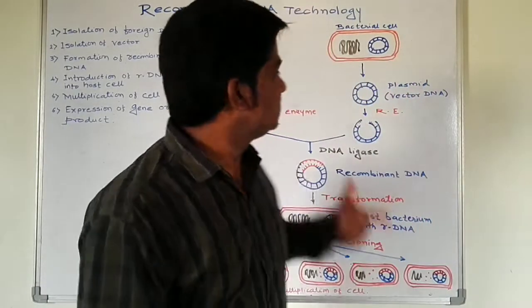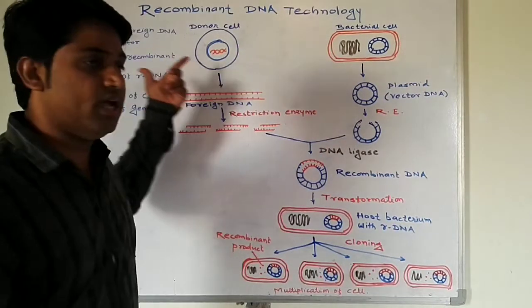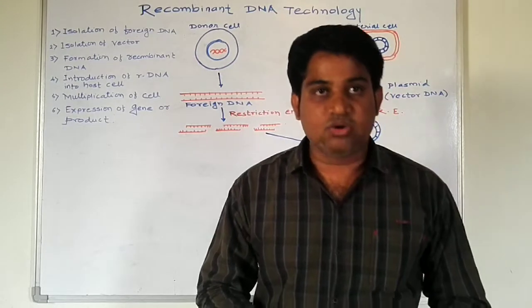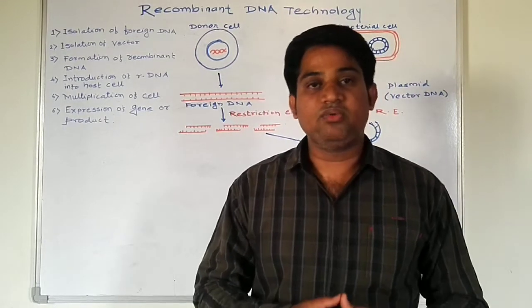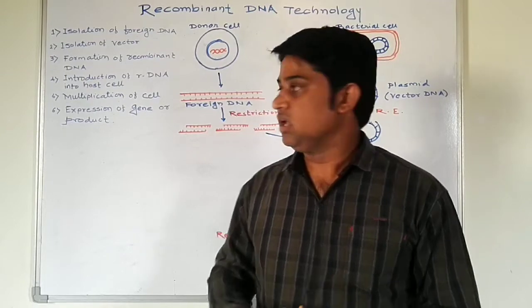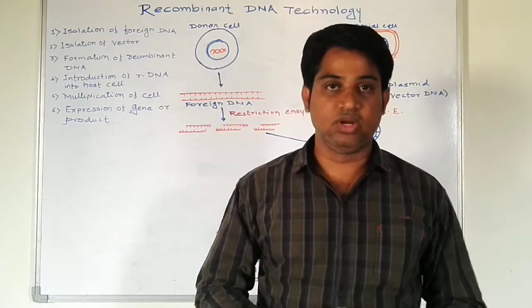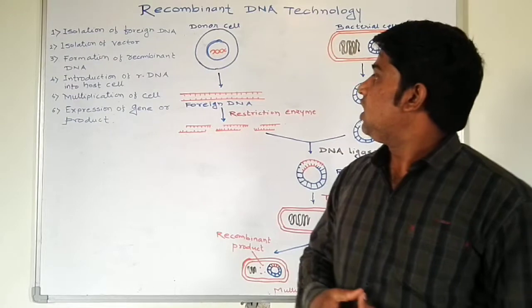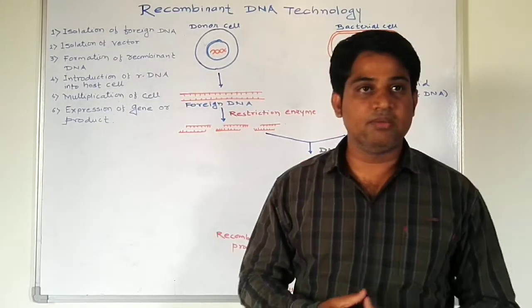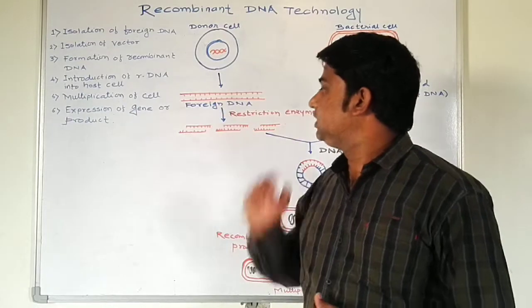The first step is the isolation of foreign DNA and isolation of vector. Now the gene of interest or foreign DNA, which we have to introduce into the recombinant molecule, is isolated from the donor cell. These donor cells are broken down with the help of different types of enzymes and the DNA is isolated.